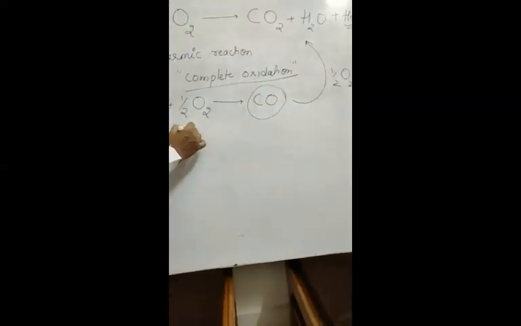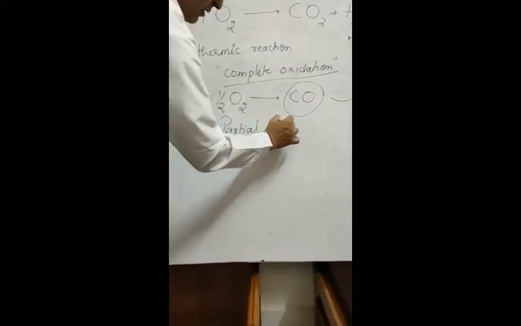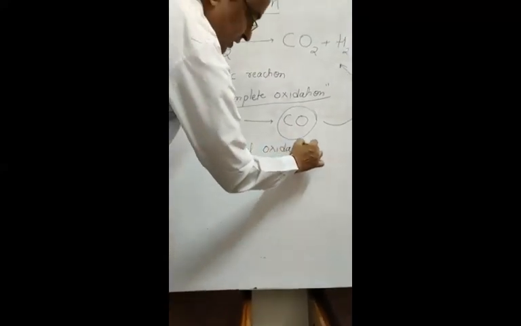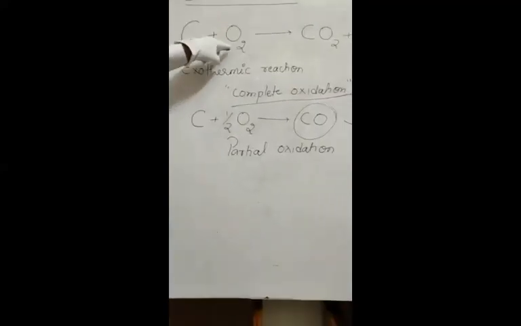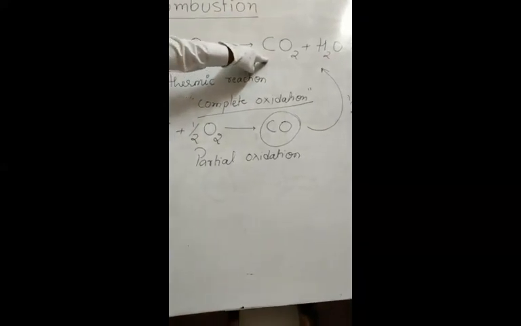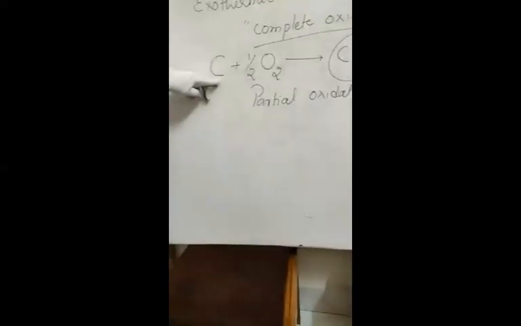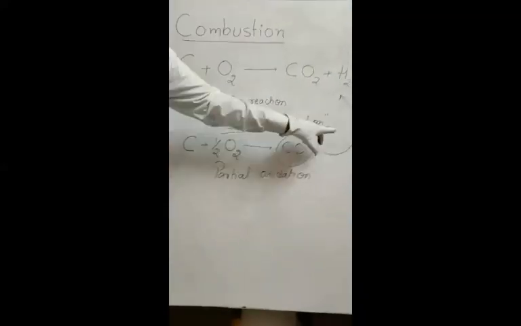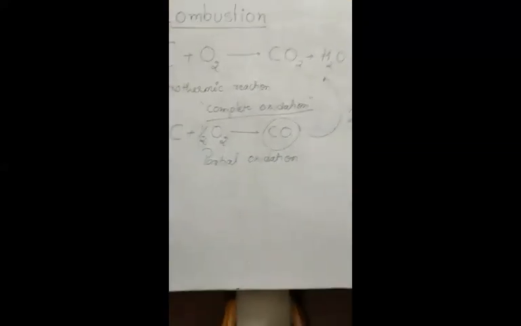So this is the partial oxidation. What is happening is carbon plus half O2 gives carbon monoxide, and half O2 again combines, resulting in the formation of carbon dioxide, the entire process.